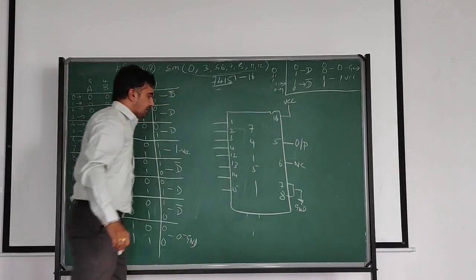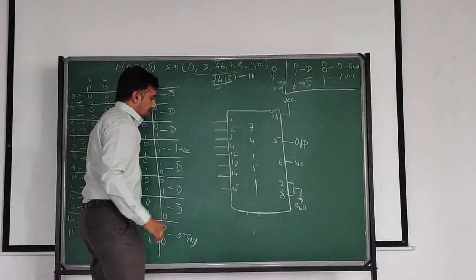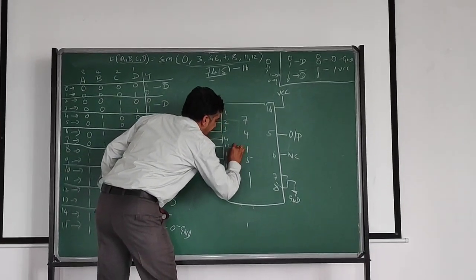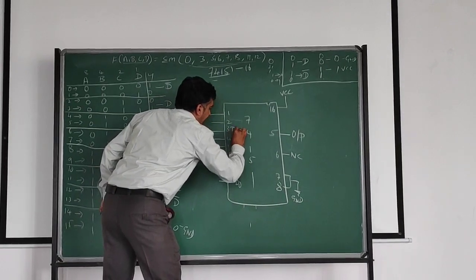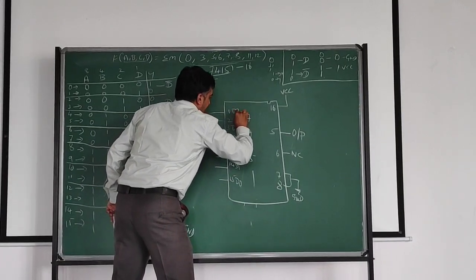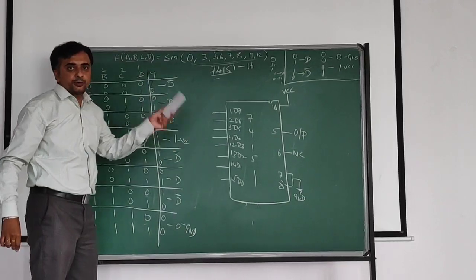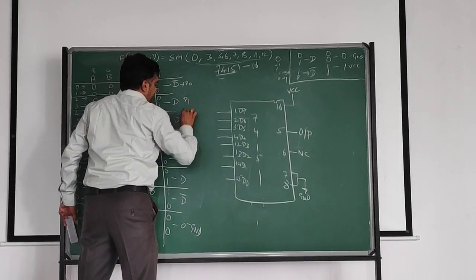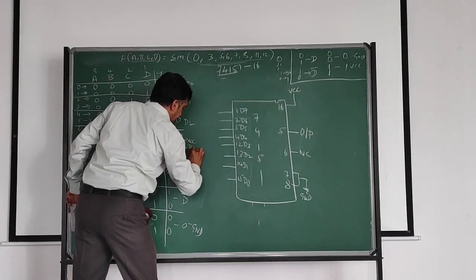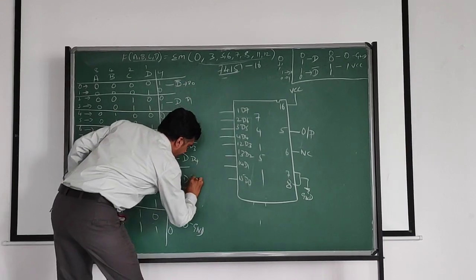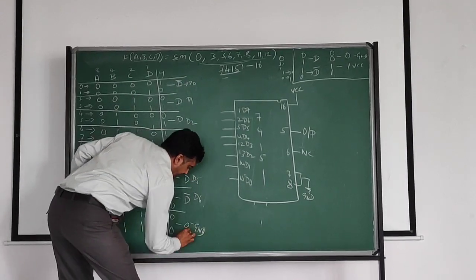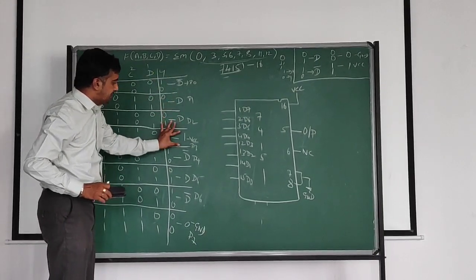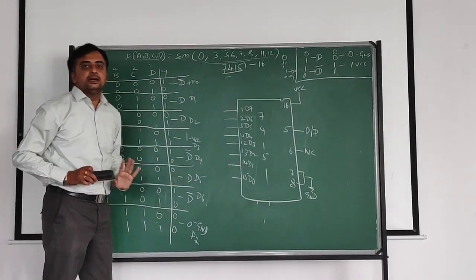This is the configuration. Now write this as D0, D1, D2, D3, D4, D5, D6 and D7. So 8:1 indicates 0 to 7, right? This is D0, D1, D2, D3, D4, D5, D6 and finally D7. So this box contains D0 to D7.